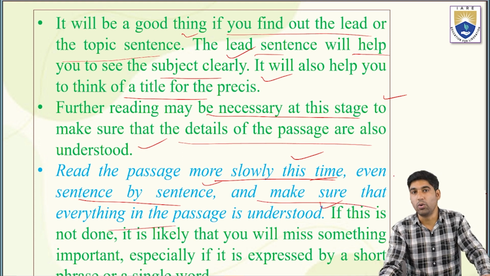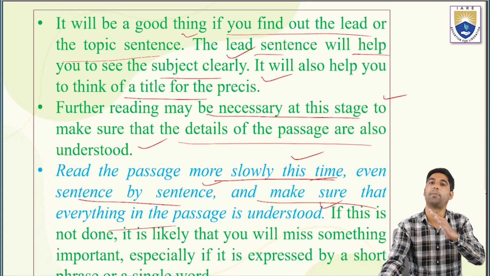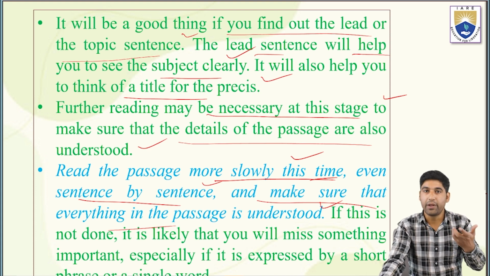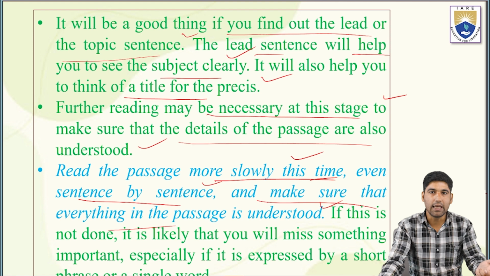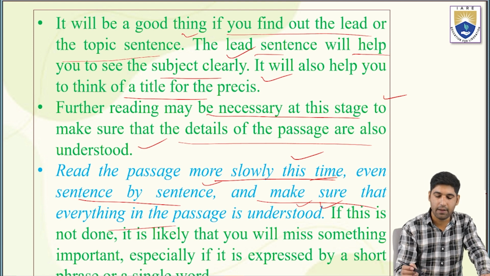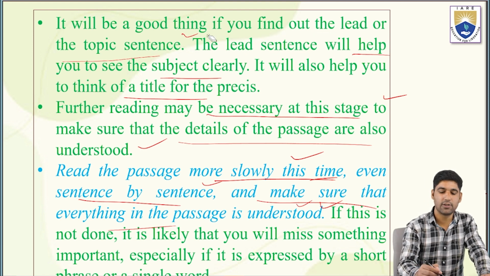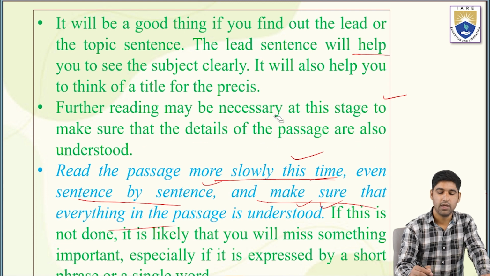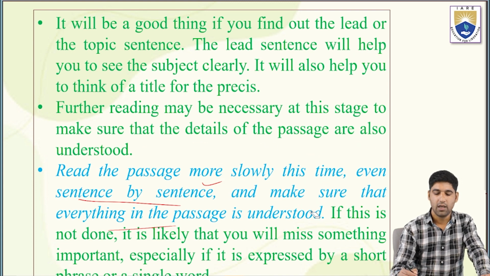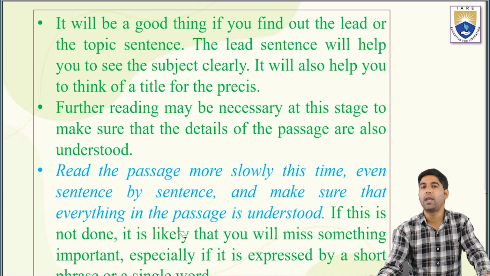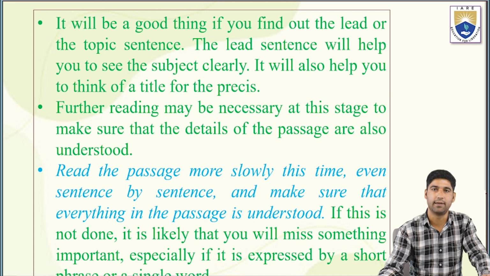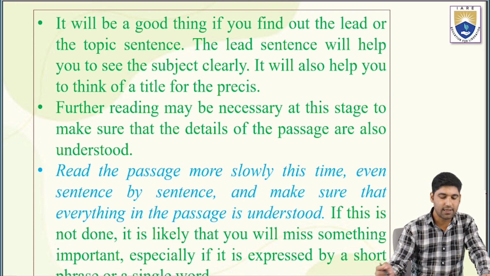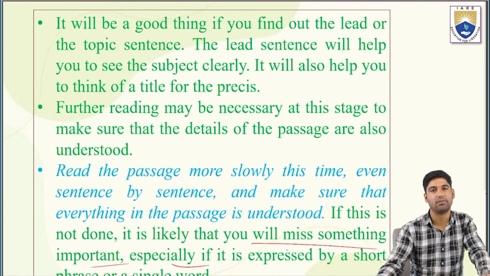When we read slowly, that means we give more space to thinking. We think clearly, and when we think clearly, there are chances that every sentence or every idea of the passage can be understood clearly, because this time we are reading it sentence by sentence. If this is not done, it's likely that we will miss something important.